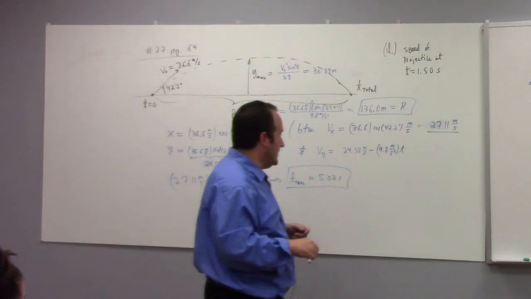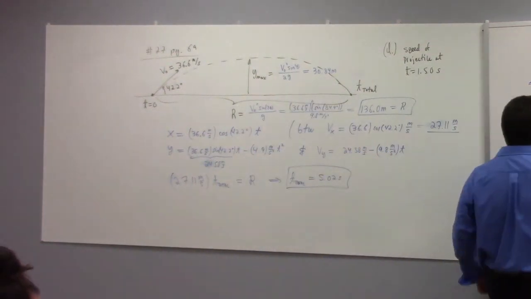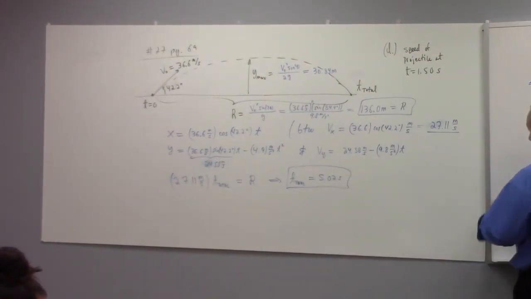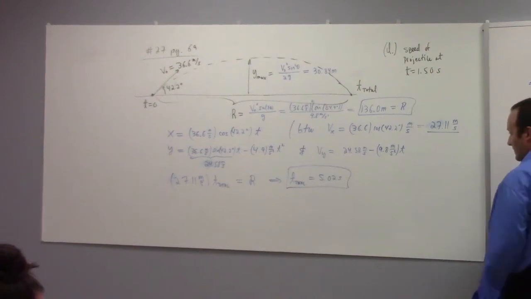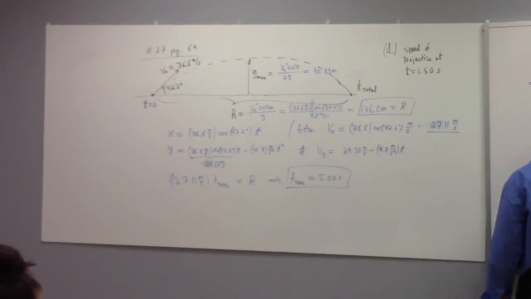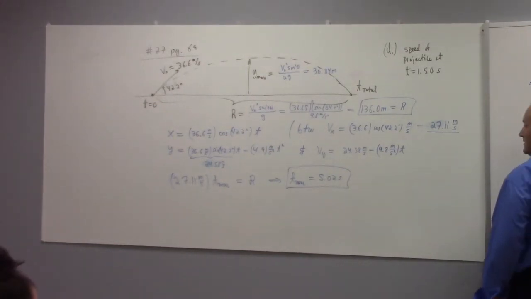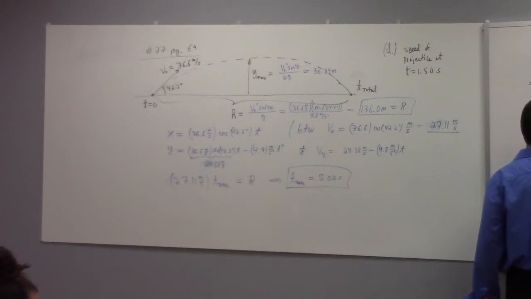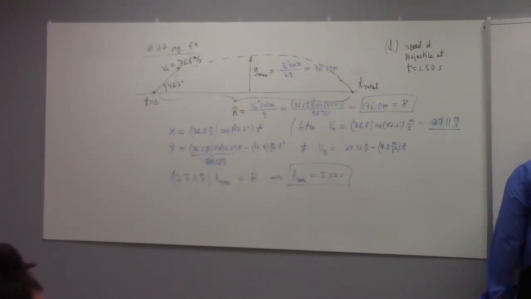So to answer part D, we have to figure out what the x and y components of the velocity are. Well, vx we already know, it's constant. It's 27.11 meters per second, always and forever. What's the y component of the velocity? Well, we're at what time?